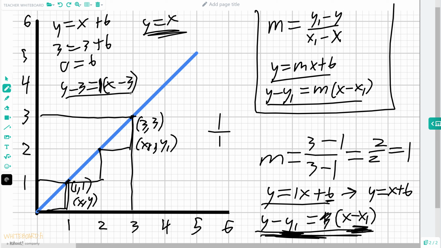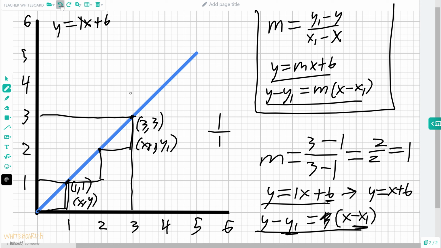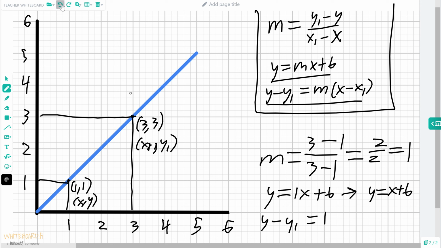So now if we go into a more complicated problem, we can see the components in more depth. So if we get rid of all of this, give me 1 second. Oops.